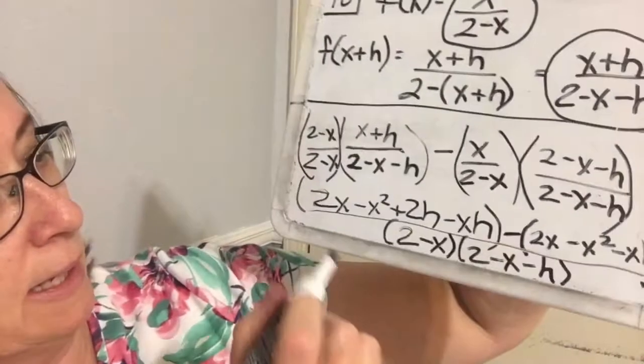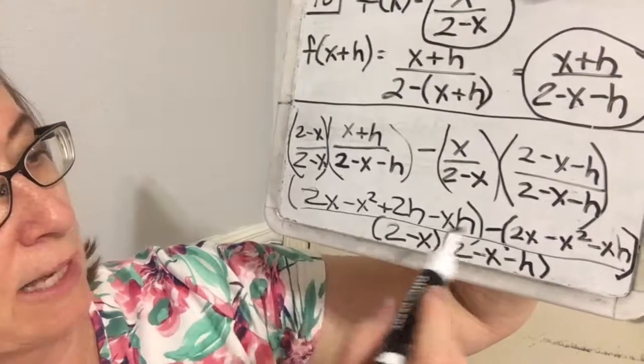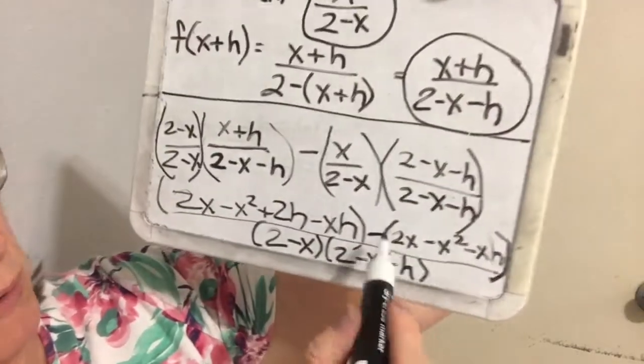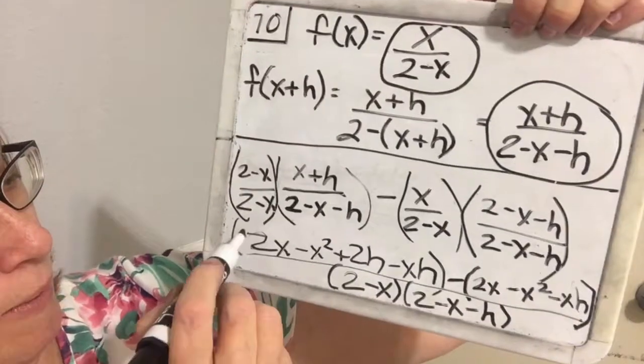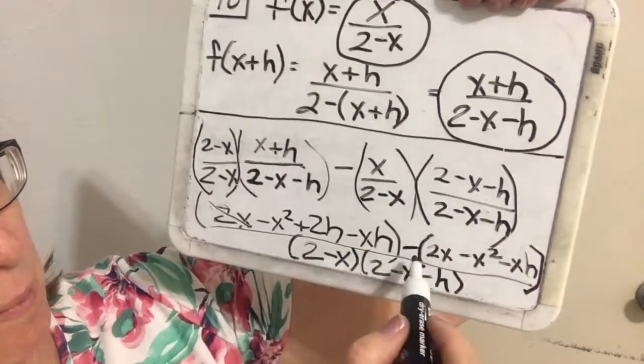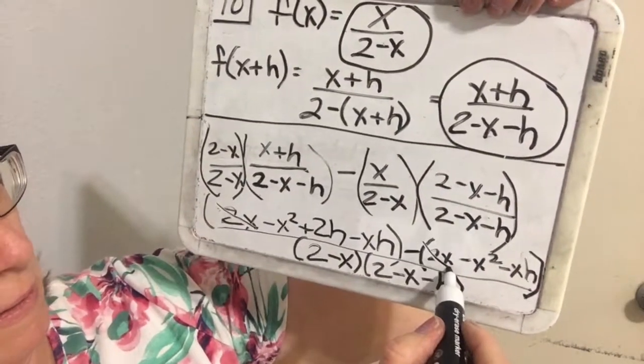So I'm going to get another board here, and we're going to continue that problem. Okay, so here, before I write it down, we have a 2x, and over here in this one that we're subtracting, we have a 2x. So we have a 2x here and a minus 2x here.